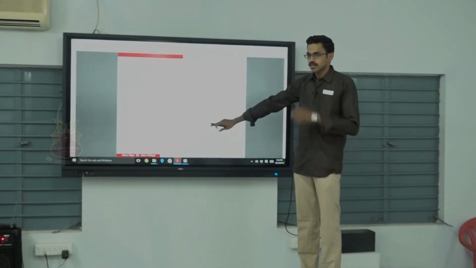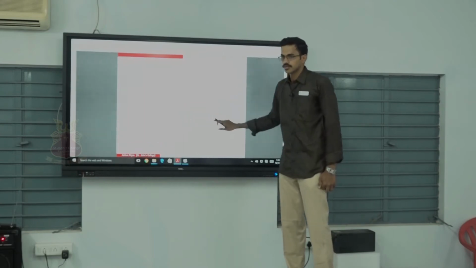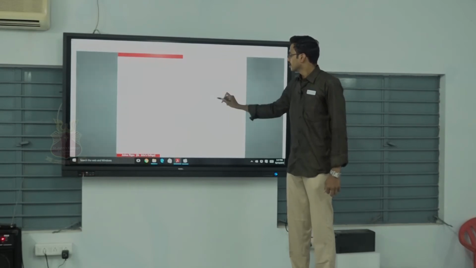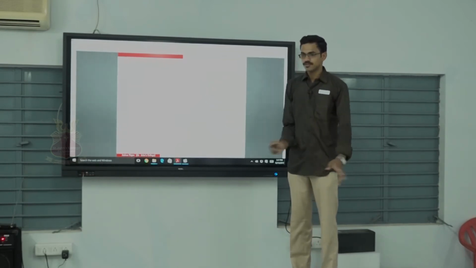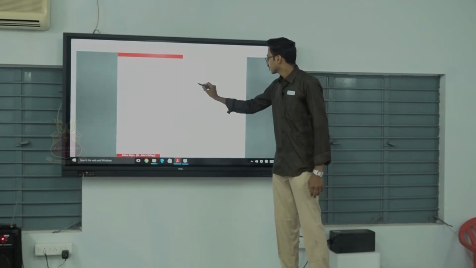Okay. Then we substitute these values in this equation and solve. Substituting. Then for simplicity we solve in some manner by multiplying this value. Okay.